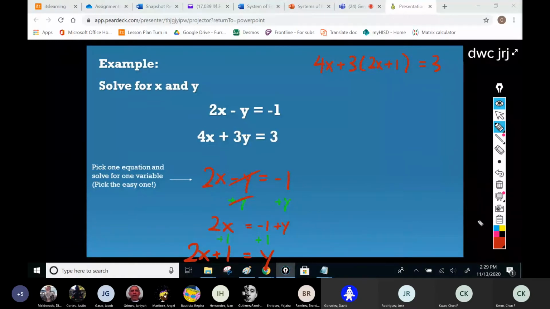All right, the next step is we are going to distribute the 3. So that means we're going to get 4x, and then positive 3 times 2x is positive 6x. And then positive 3 times positive 1 is positive 3.